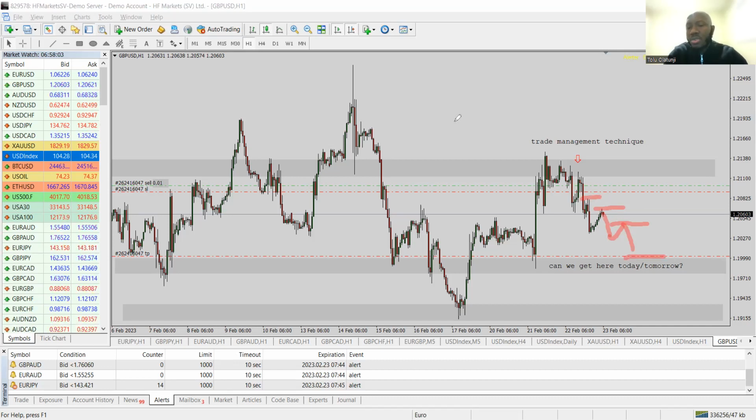So this is the trailing stop that you could administer. You can see that we kept on managing the stop loss until it even ended up in a profit position. And this is how to manage your trades. This is one major way, and this is one that I do a lot. This is one that I'm a big fan of.